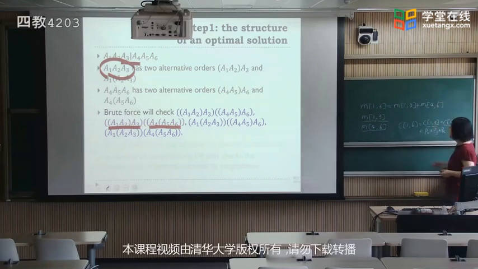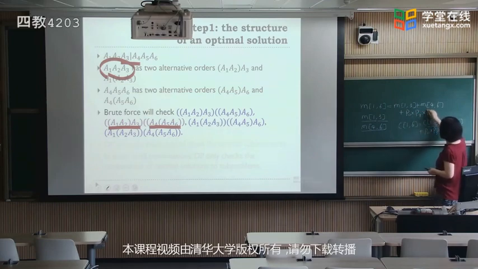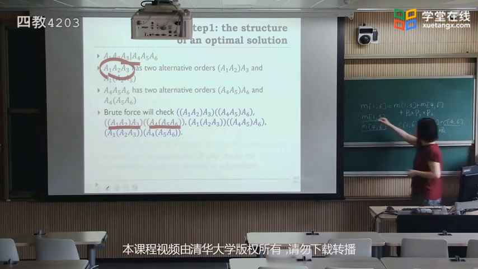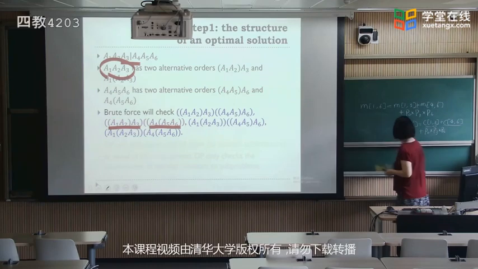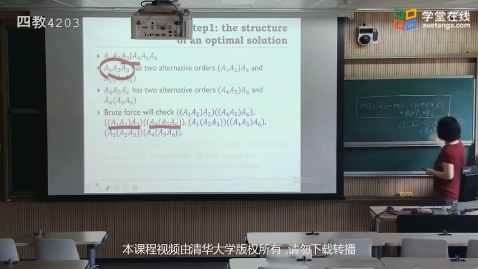And plus, don't forget the last term, P0 times P3 times P6. This is the fundamental observation of dynamic programming.